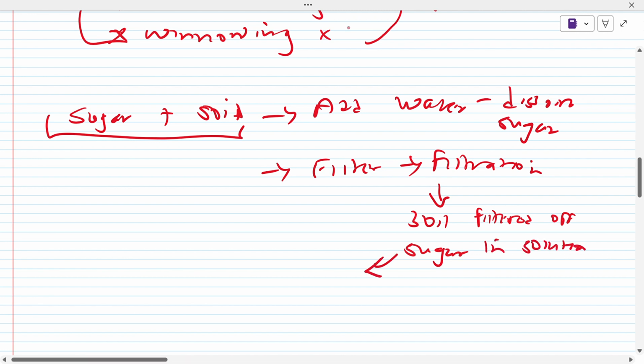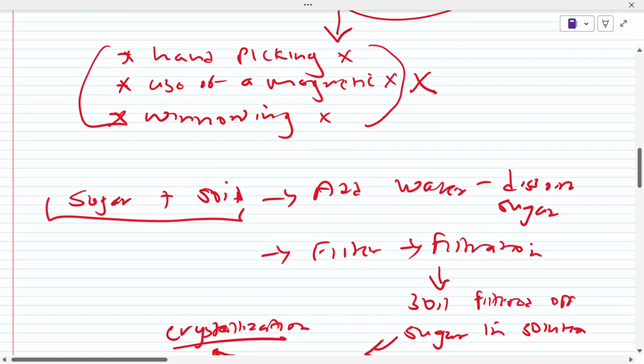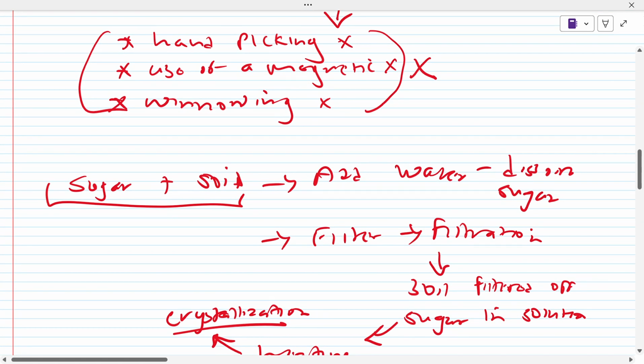Then I can subject this to heating, or a technique called crystallization. Now, that was just by the way.